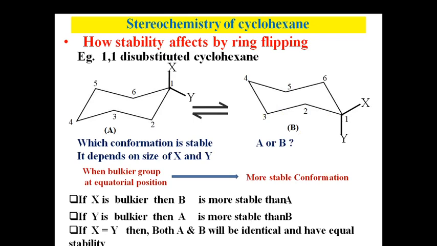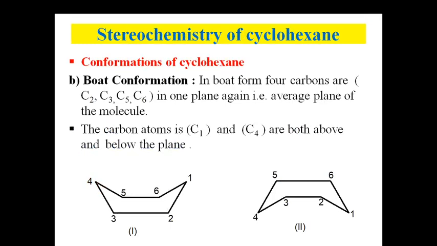Okay. Now let's go to the next conformation. We have now seen the chair conformation. The second conformation of cyclohexane is the boat conformation. Again it has four carbons, C2, C3, C5 and C6, that are present in one plane. That is obviously called the average plane.